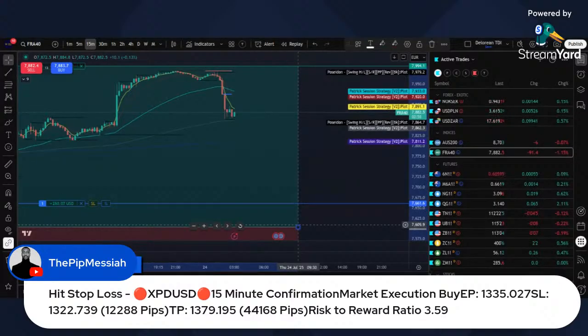About 3 minutes left to the quarter of the hour. It's looking more and more like it's going to be quiet the entire session in terms of trade activity.